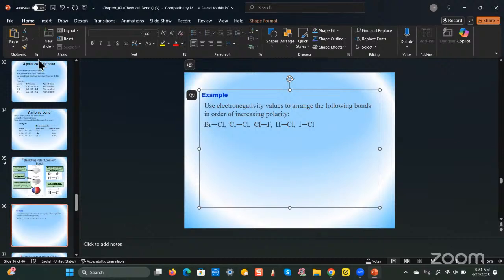Oh, yeah. That is in the same packet that is in Canvas. Let's see, this is working. Right, it's not.